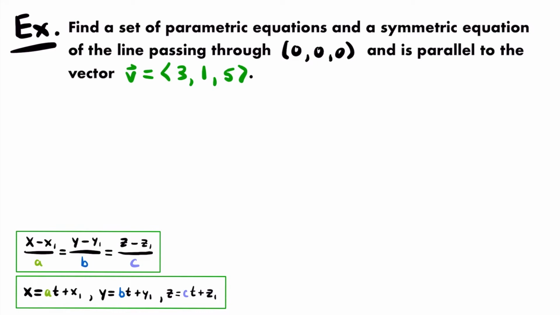And that is exactly what we're given right here. We're told that the line is parallel to this vector, vector v. So vector v is the direction vector for our line. So we have both things that we need. We have a point and we have a direction vector, so all we have to do here is identify each of those coordinate values and each of these direction numbers, and we can set up our parametric equations and symmetric equation of the line.